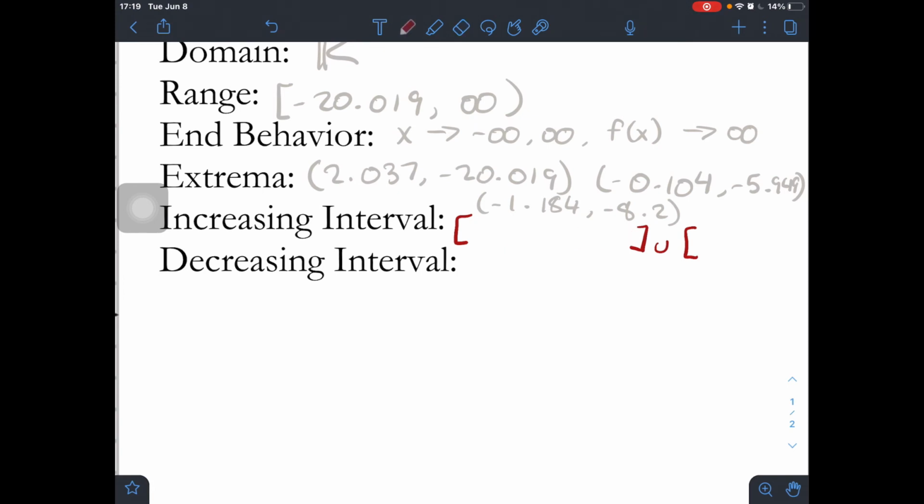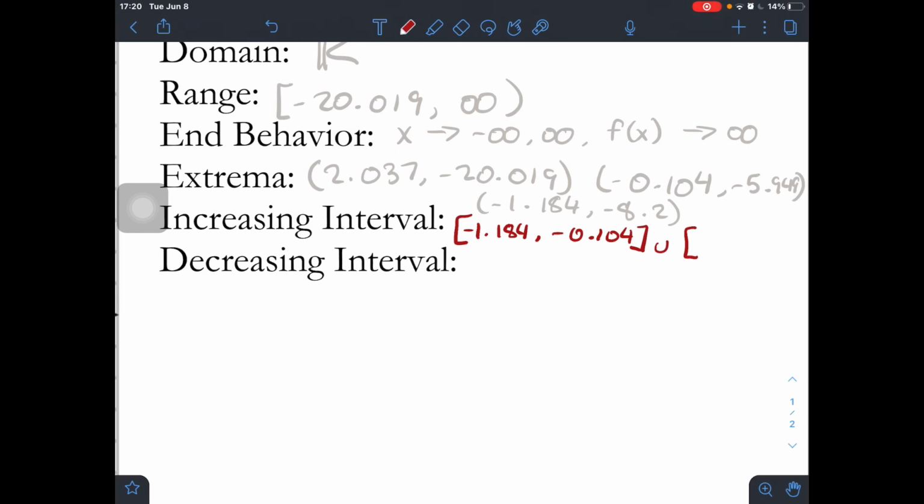That's probably a better idea. So using the x coordinates, it would be -1.184 to -0.104, roughly. And keep in mind, this is all rounded to the thousandth place, so this is not perfectly exact.